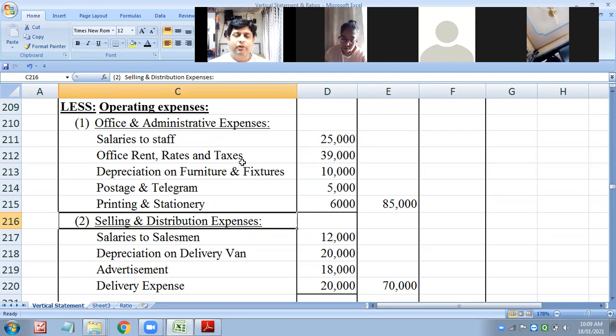In cost accounting, we never take non-recurring, non-trading financial income and expenses. I will tell you the logic later, because this is not the subject of cost accounting; you will start learning it from semester 3 onwards.